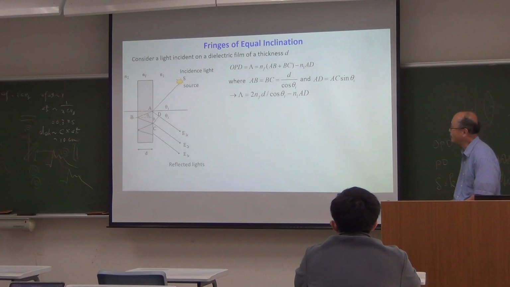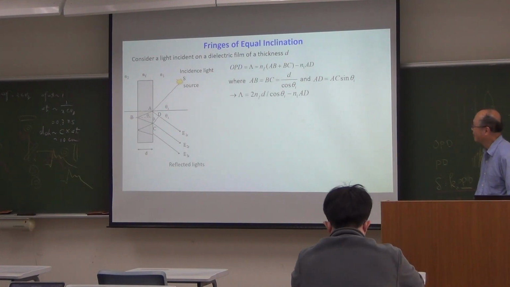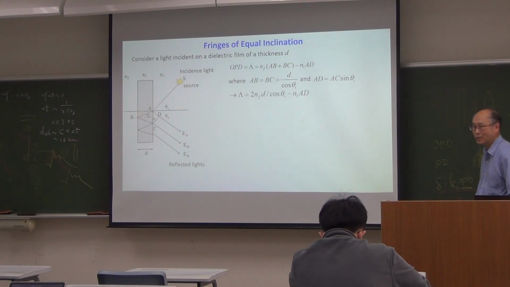But then be careful. You have this external refraction and this internal refraction, so sometimes you need to add a pi phase shift into this equation. All right, the rest will be just trigonometry calculations.